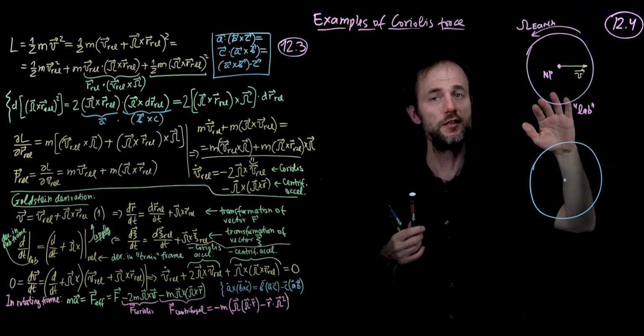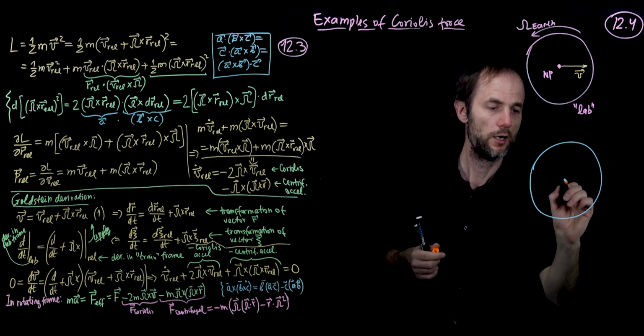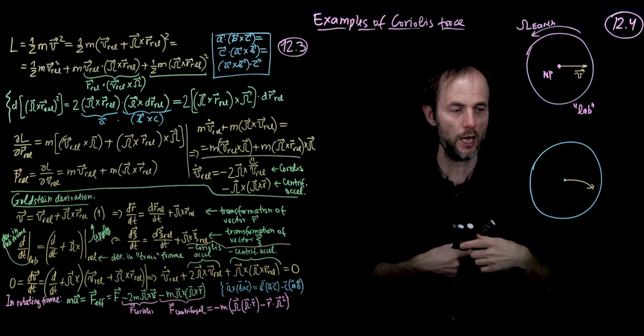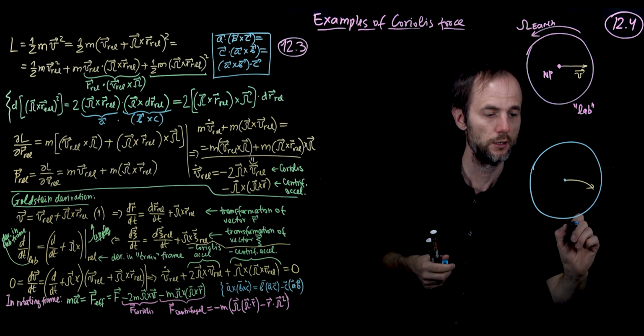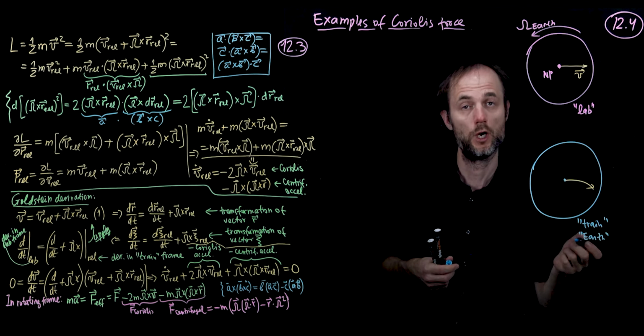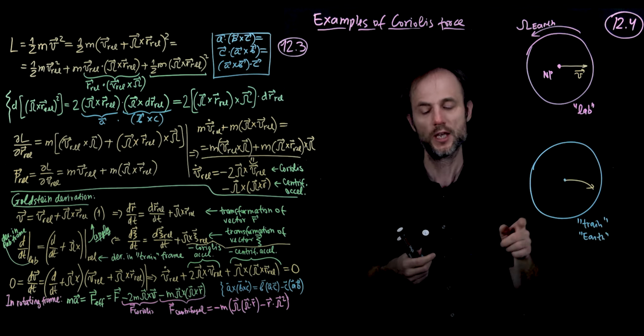So it's going to be deviating the trajectory in this way. So this is going to be our trajectory in the Earth frame. So that's what we expect.